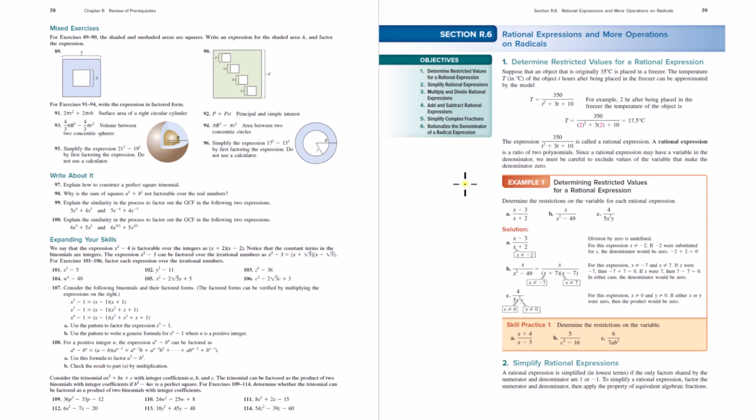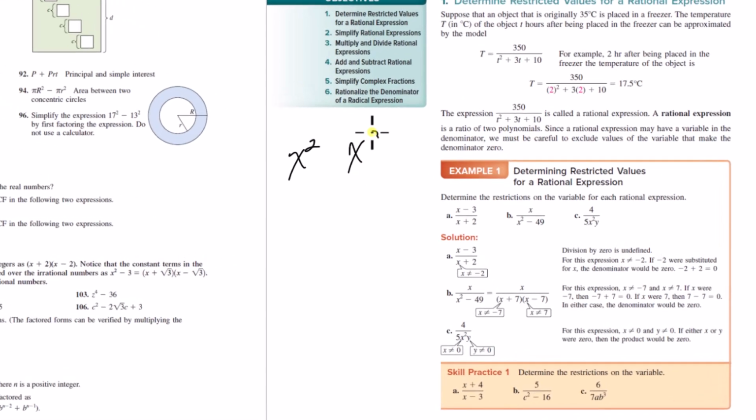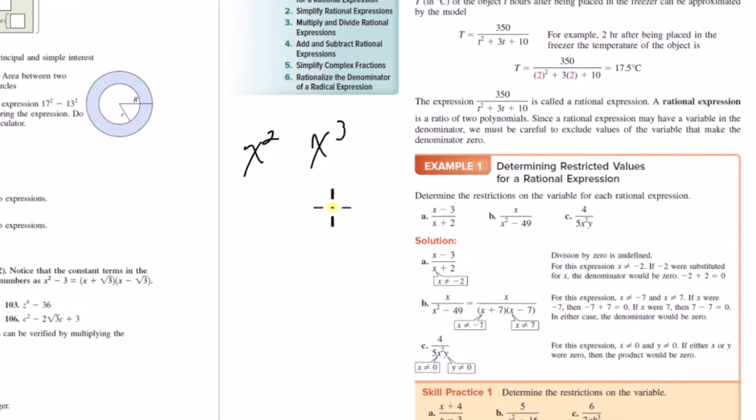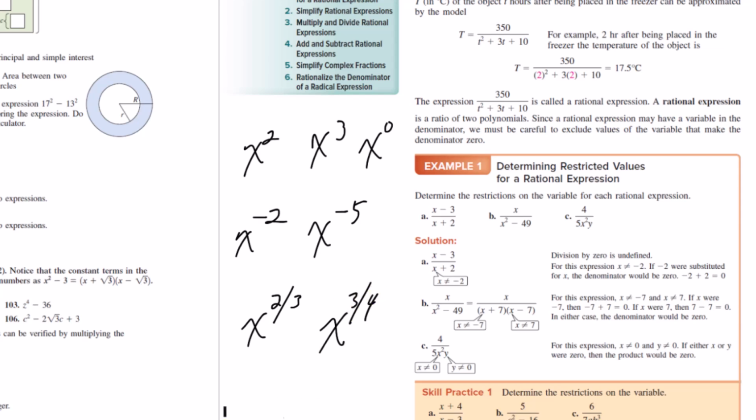And the reason why I say that is because remember, the only types of variables that we've talked about so far in this course are x to a positive integer power, x to the 0, I guess you could put x to the 0 in this category, x to a negative integer power, and then x to a rational exponent power. Okay, now, but there's also radicals, but remember, radicals fall into this category.